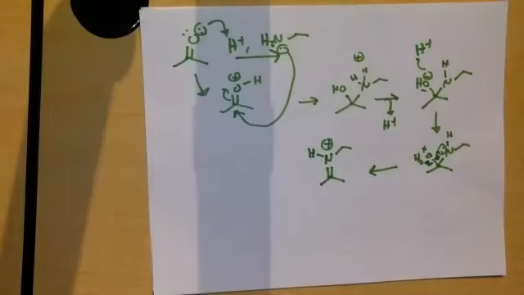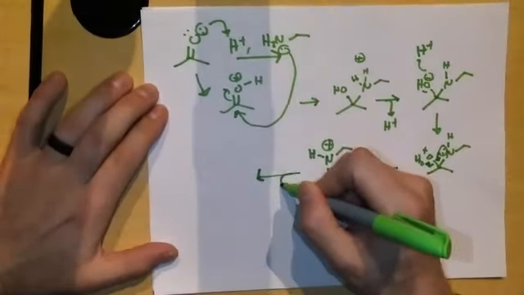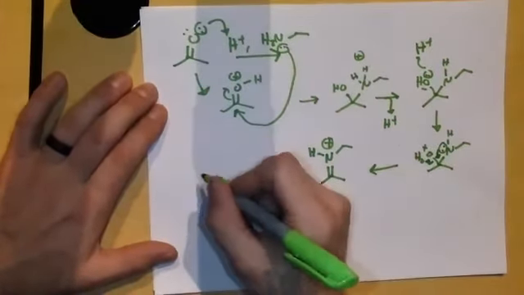To give us this protonated carbonyl here. We can lose the proton, and we are going to generate what's called an imine.